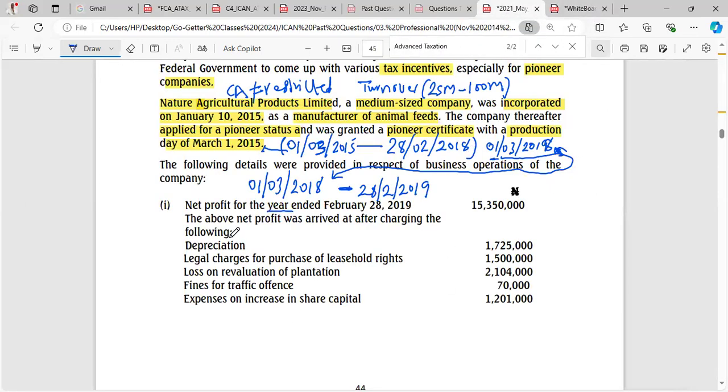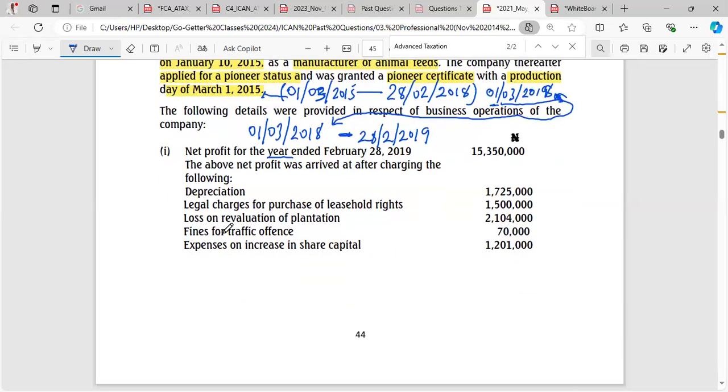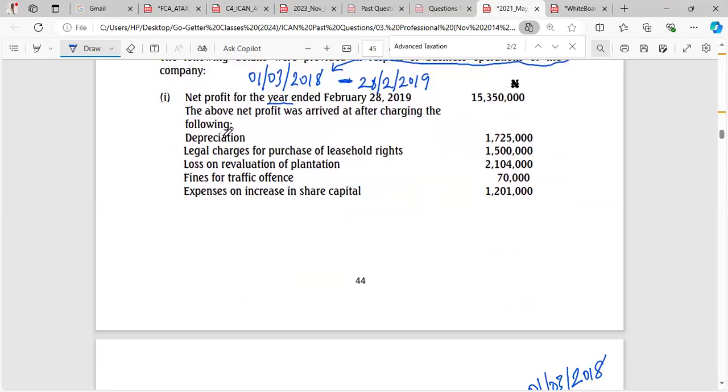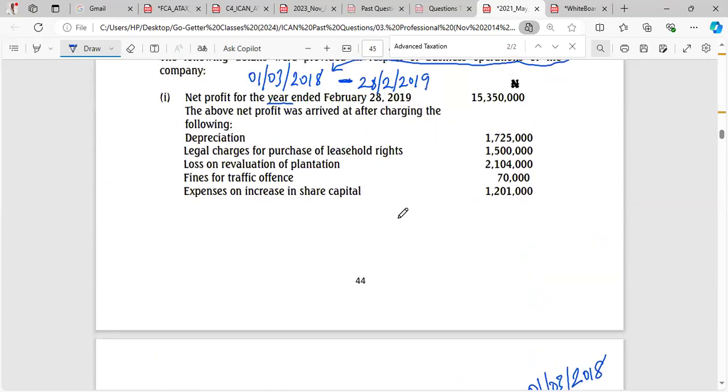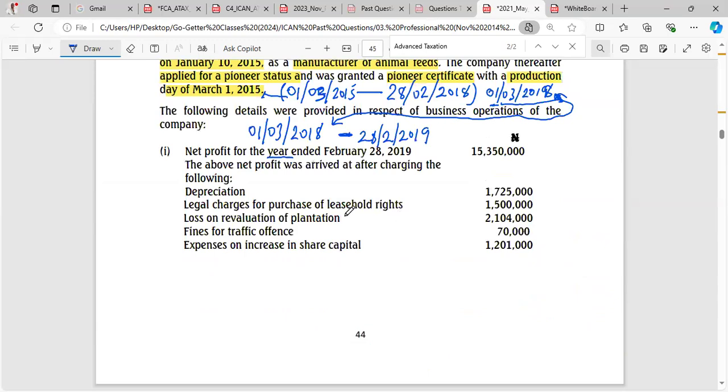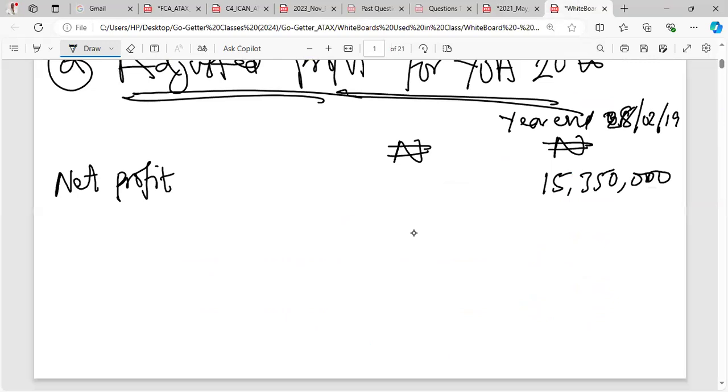So they said the above net profit was arrived at after charging the following. So we look at all these things we are being charged. We will need to remove some of them. So we add back. There are certain things we need to add back that are not allowable. Because when we say charge, it means we have deducted them to arrive at net profit. We need to add them back. So we say add backs.